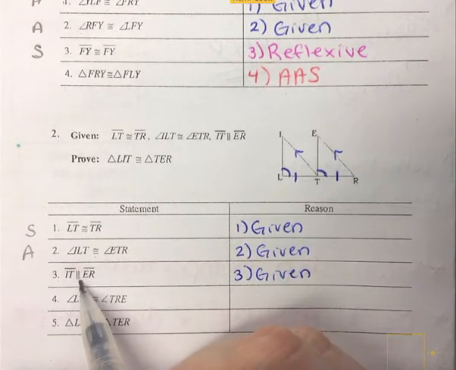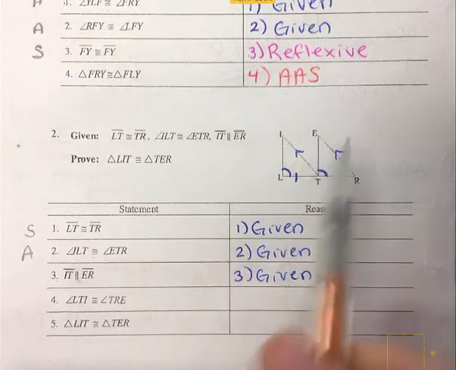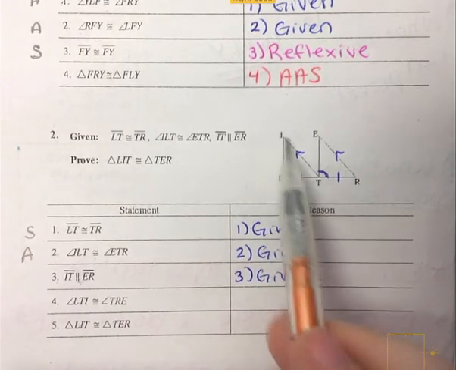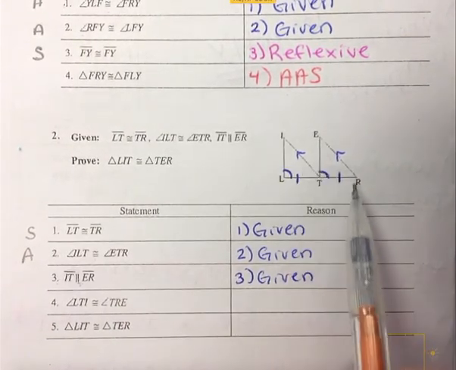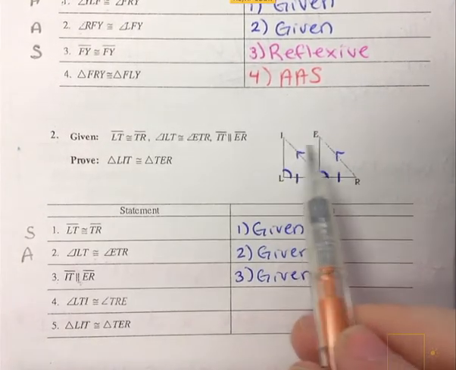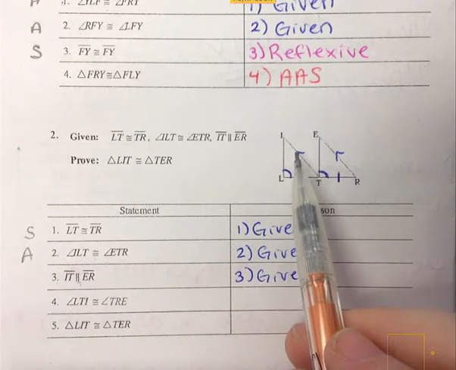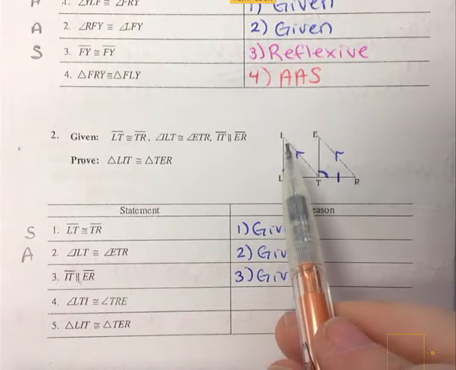Parallel lines give us angles that are congruent. So we want to find angles that are congruent from this picture. Our parallel lines are IT and ER. We have certain angles that we could look for. They could possibly be alternate interior angles or corresponding angles.